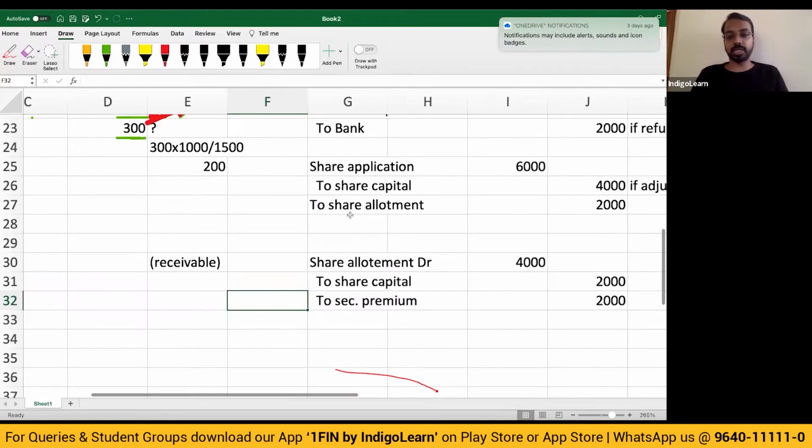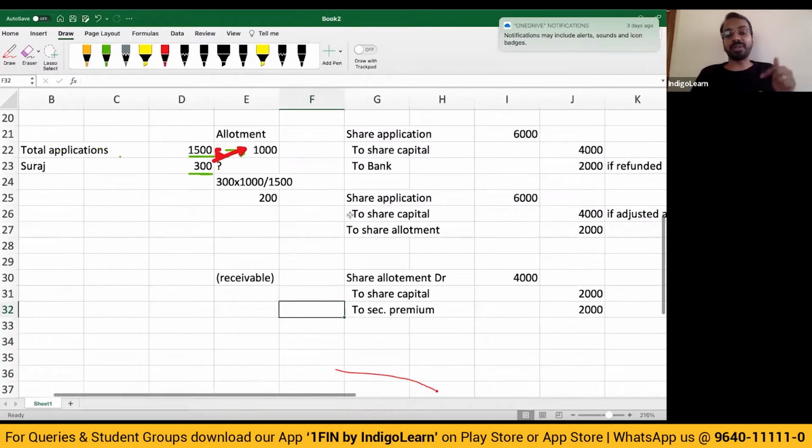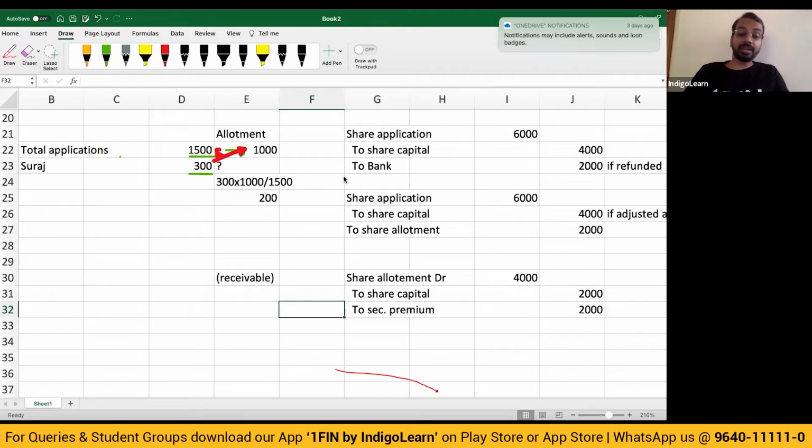Now my next question is, how much amount will the company receive when they receive the share allotment money? Will they receive 4000 or will they receive 2000?